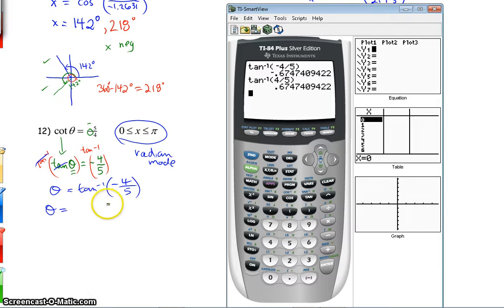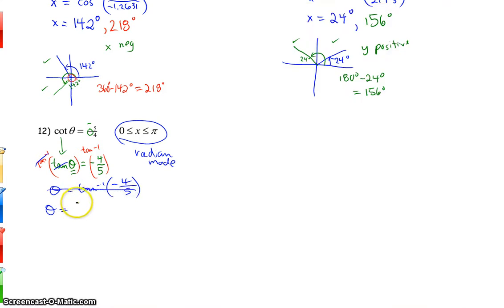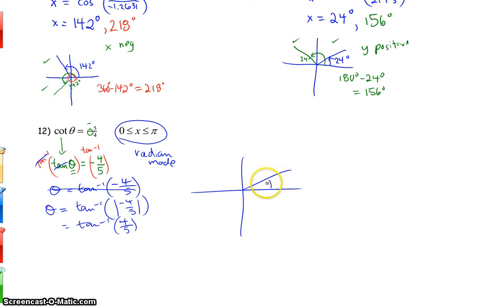Let's change this. We will do the inverse tan of the absolute value, basically, of that angle, so the positive. Okay, so the inverse tan of positive 4/5. Okay, so that would put us, as I mentioned here, which was an angle of 0.67. Okay, but we want where tan is negative.